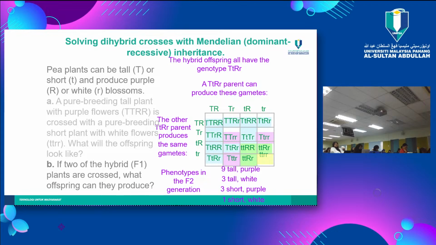So get all the possible gametes that can be produced, and then cross them as previously in the Punnett square. Then you're going to get this ratio.